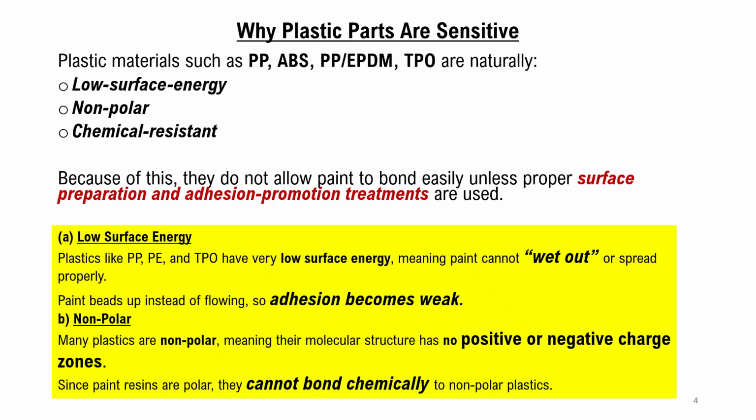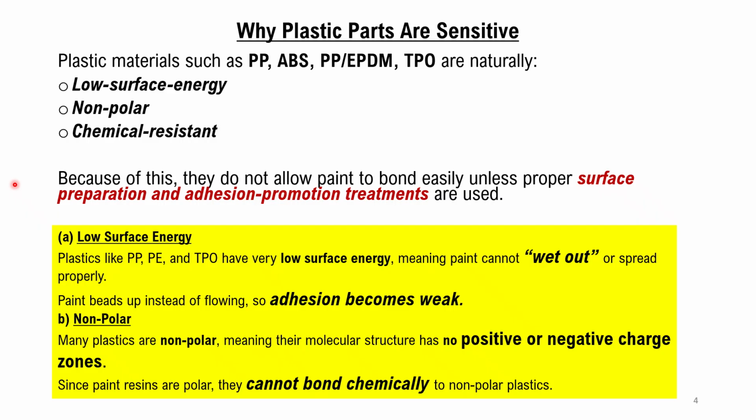Plastic parts are sensitive. Plastic materials such as polypropylene, ABS, PP, EPDM, and TPO are naturally low surface energy, non-polar, and chemically resistant. Because of this, they do not allow paint to bond easily unless proper surface preparation and adhesion promotion treatments are used.